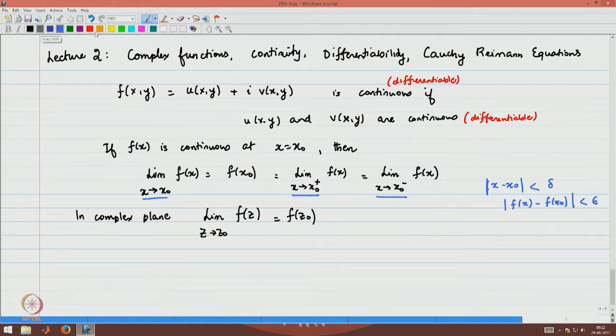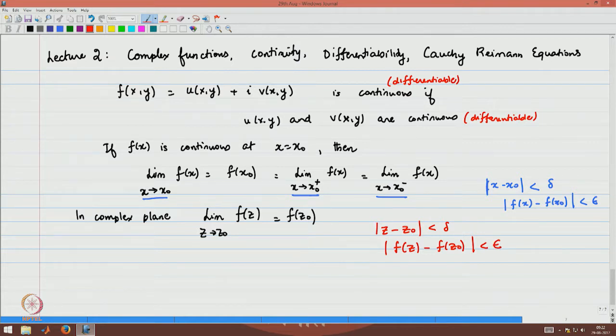Now here, what is done in complex variables is you say the absolute value of z minus z 0 is less than delta. This is the absolute value in terms of the complex absolute value, and you say the absolute value of f of z minus f of z 0 is less than epsilon.